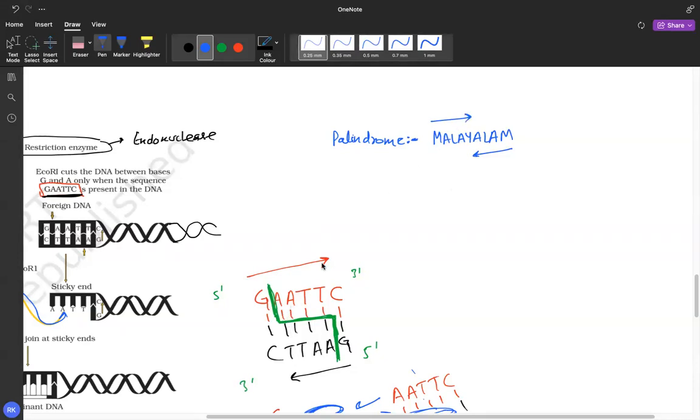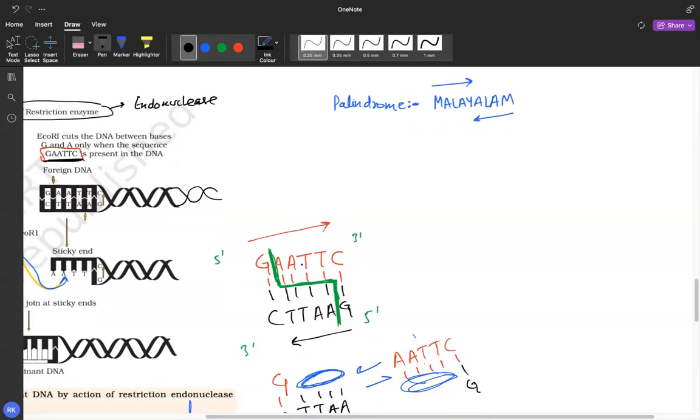Similarly, look at the EcoRI recognition site, GAATTC. For a DNA, the direction is of the strands. So when you go in 5' to 3' direction, you read it as GAATTC. In the 3' to 5' strand, it's again GAATTC from the other end. So that's why it's called a palindrome.